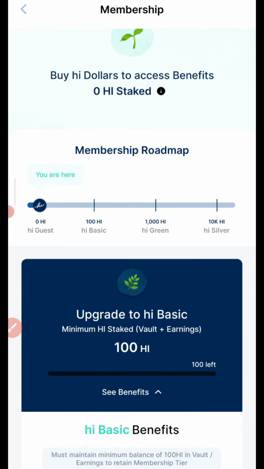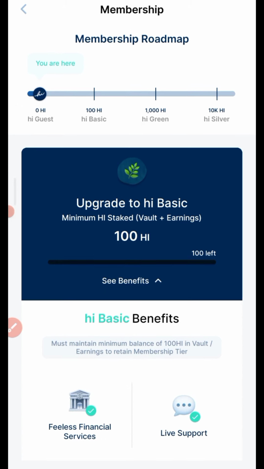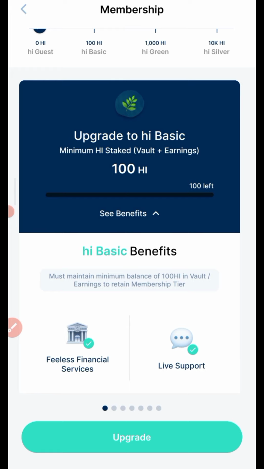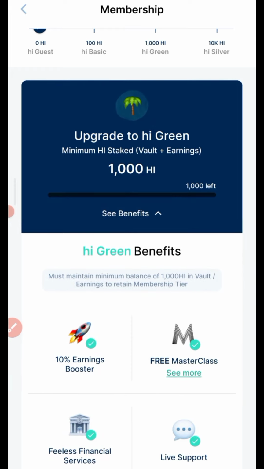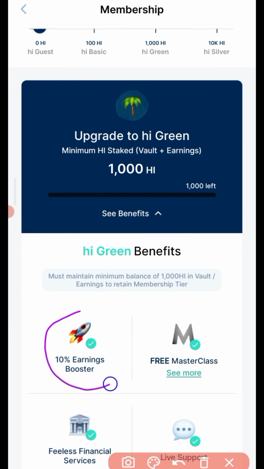If you have 100 high dollars in your vault plus earnings, you have feeless financial services, you have life support. If you have 1,000 high dollars, the benefits is 10% earnings booster, as indicated here.